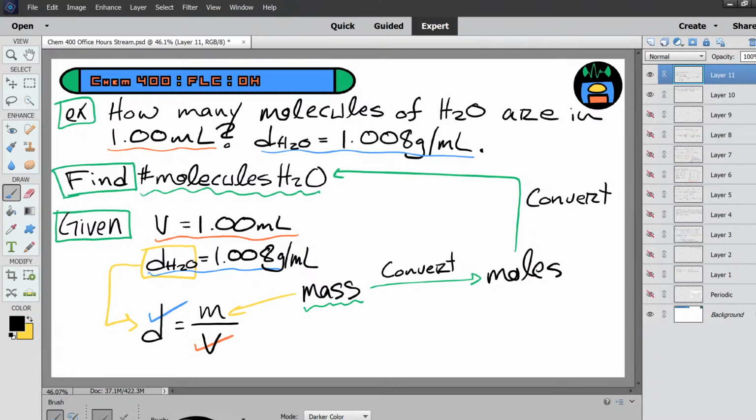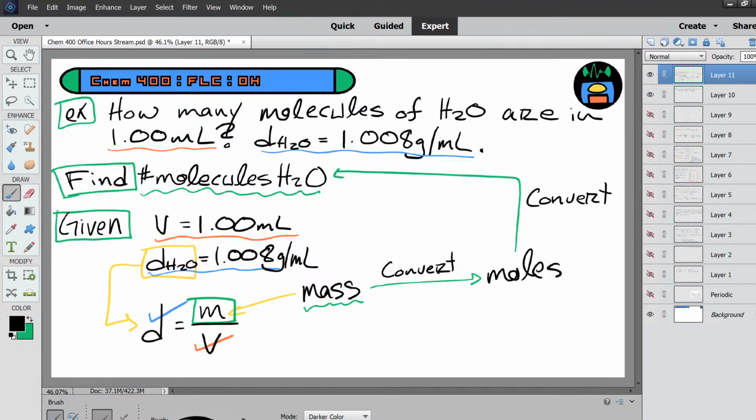So we need to use the equation for density to find our mass of water and then perform our unit conversions to go from mass to molecules. So even though we never worked this problem before, we have the ability to solve it. We have all the tools. We just had to figure out how to put the puzzle pieces together.